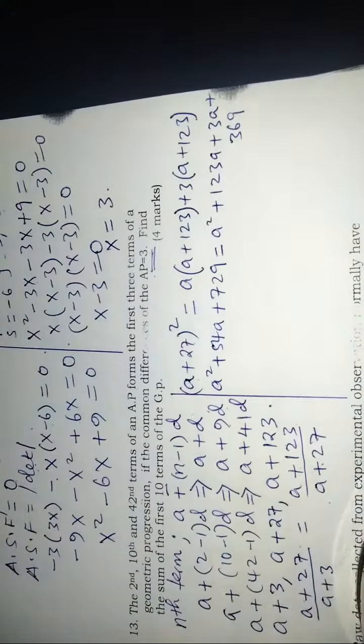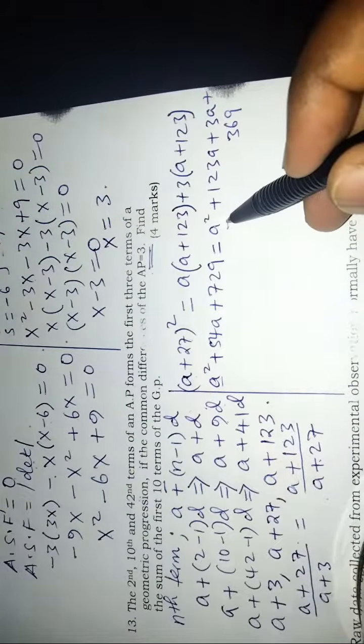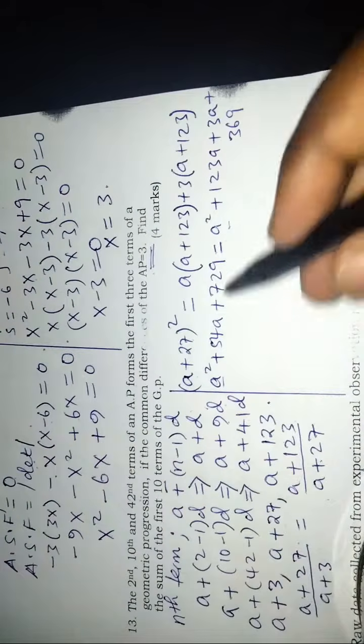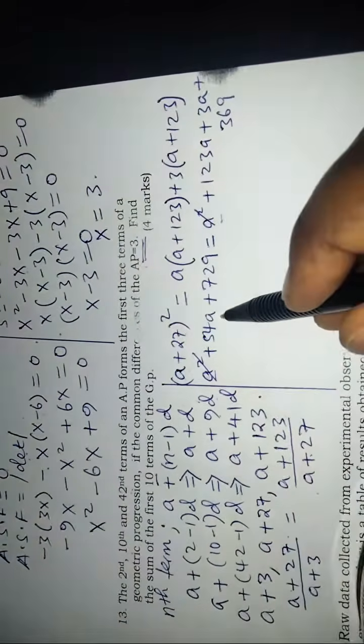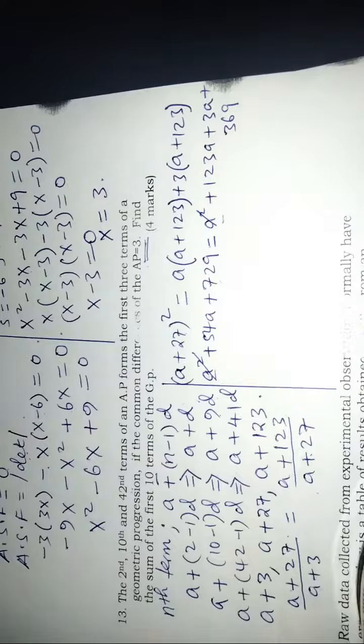So we can now group like terms, whereby a squared and a squared will cancel when we bring them to one side. Then we will have 729 minus 369.